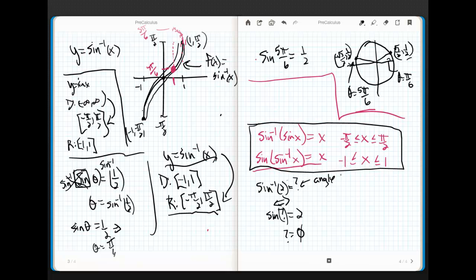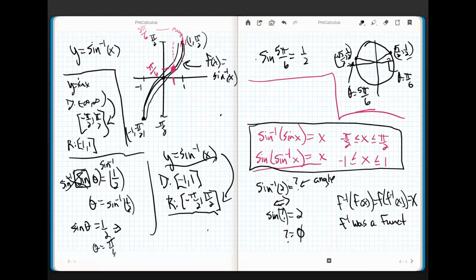Now, why do we need the additional rules? With my other functions back in the day, I just knew that f of f inverse of x equaled x, and that was always true, so long as f inverse was a function.